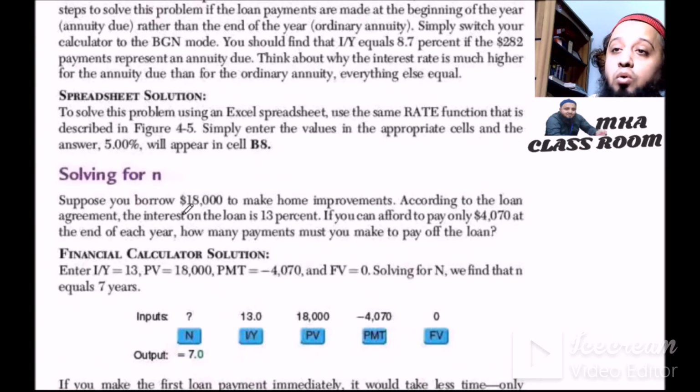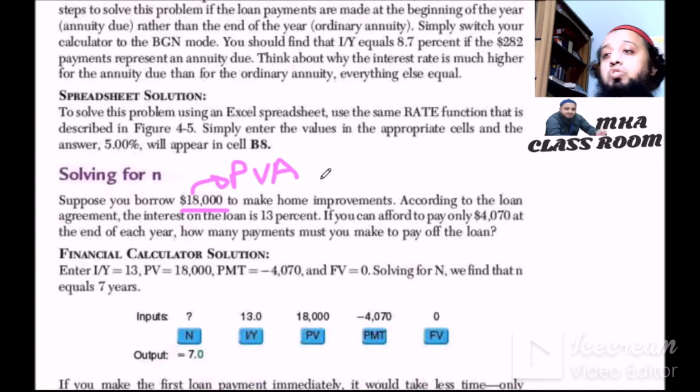Suppose you borrow 18,000. So today you are borrowing this 18,000. This should be PVA, present value annuity. According to the agreement, your interest rate is 13%. R should be 13%.